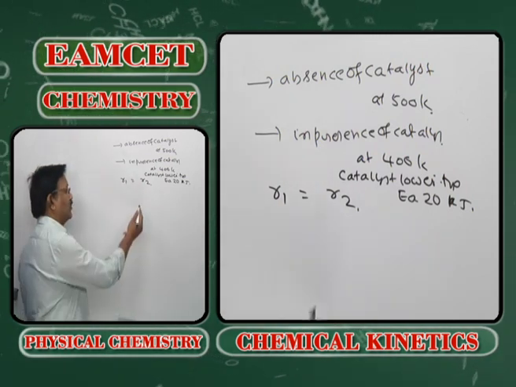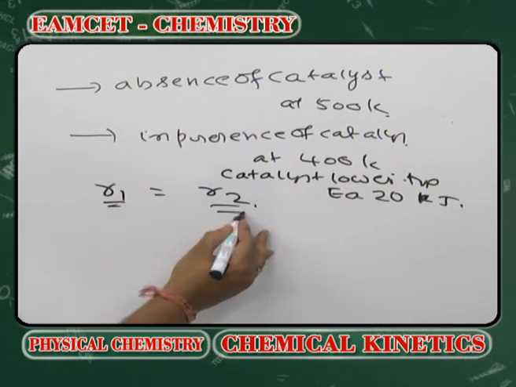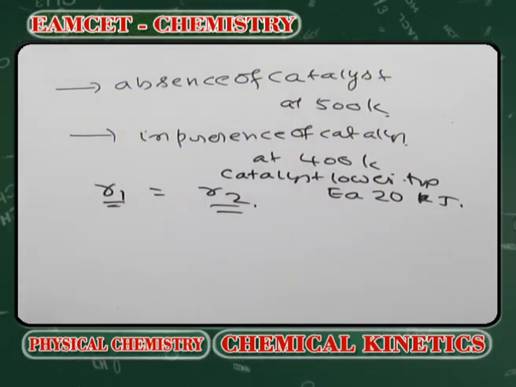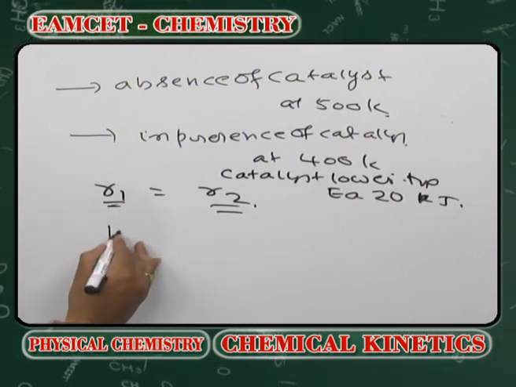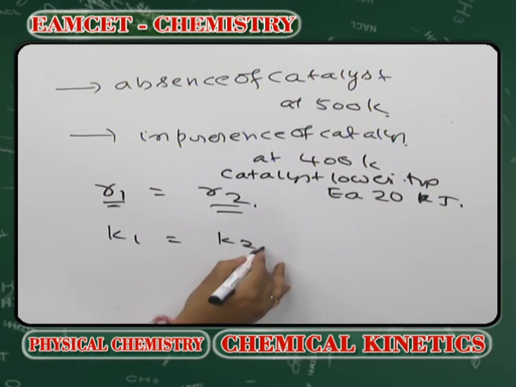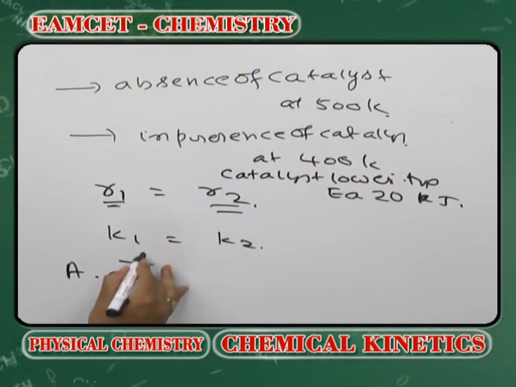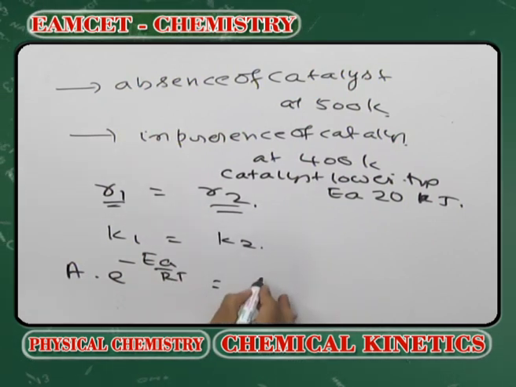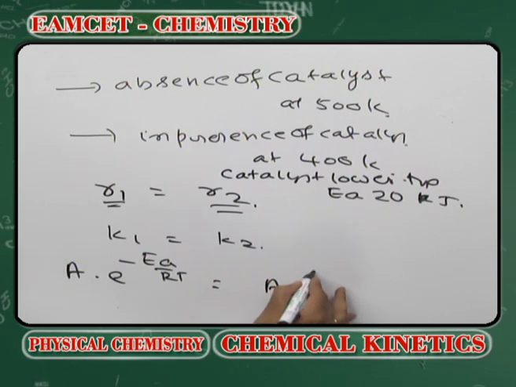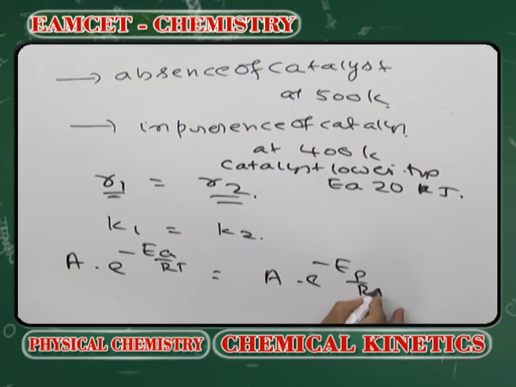So R1 is equal to R2. Generally rates are represented by the rate constants. So K1 is equal to K2. A into e to the power of minus EA by RT, and in the presence of catalyst, A into e to the power of minus EP by RT.